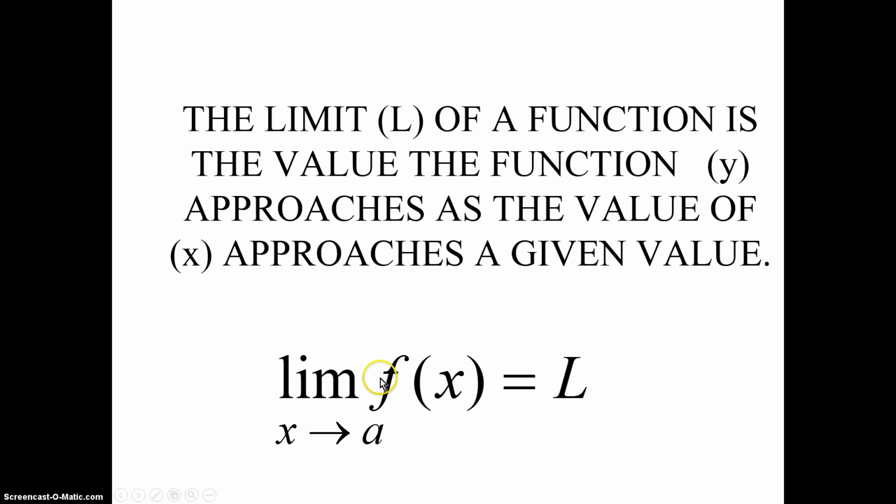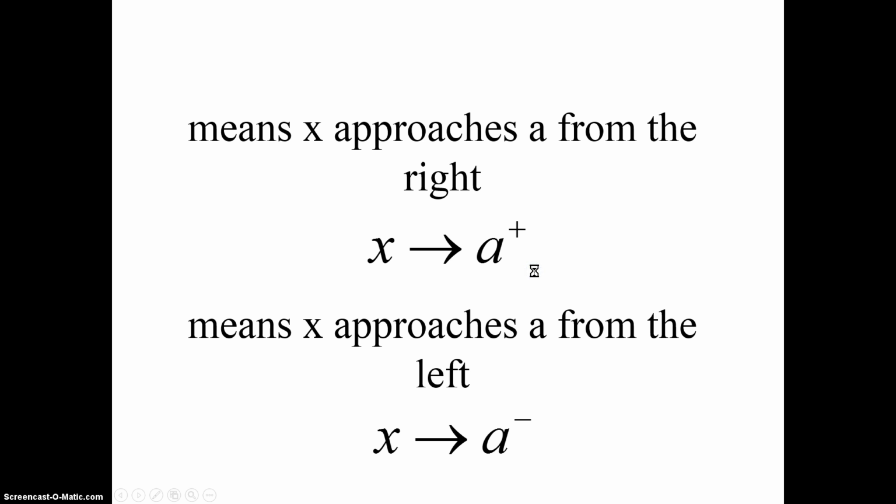If you can see here, the limit of any function as x approaches a certain point a is equal to L, which in this case is the limit. And then I also discussed that with limits, we approach from the right-hand side. We denote that with a superscript of a plus sign.